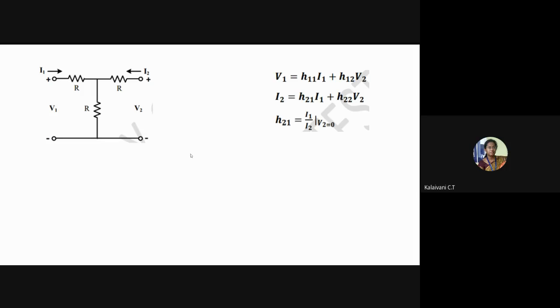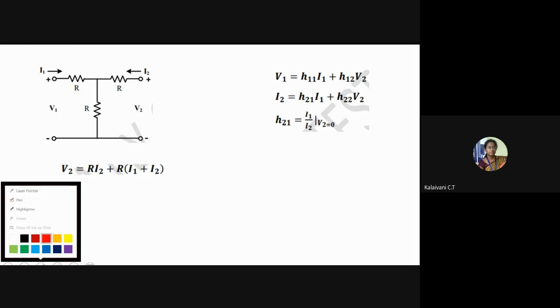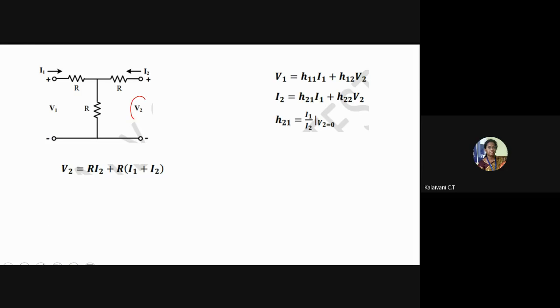If you take this network, for this network, we can find the value of V2. So V2 will be equal to R into I2. Here the direction is this. Here the direction is here. So current will be I1 plus I2. This is the equation of V2.